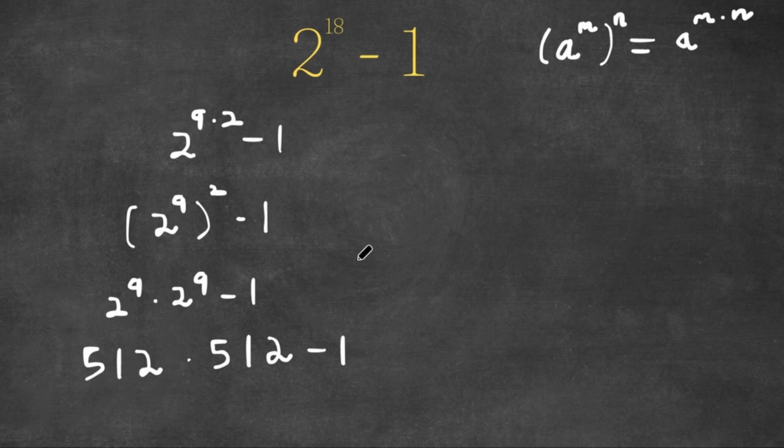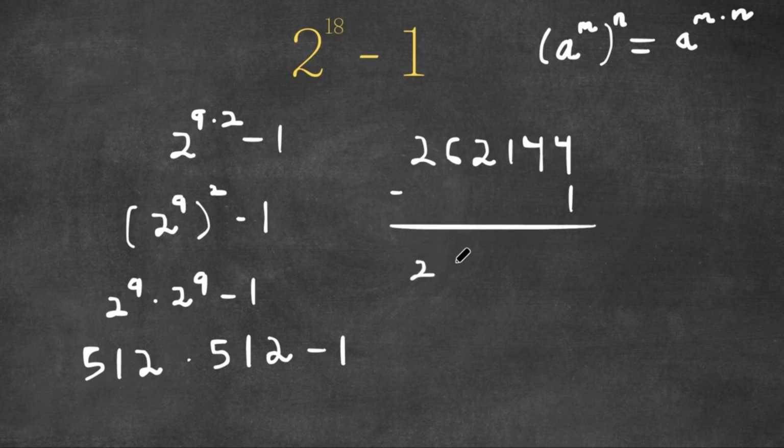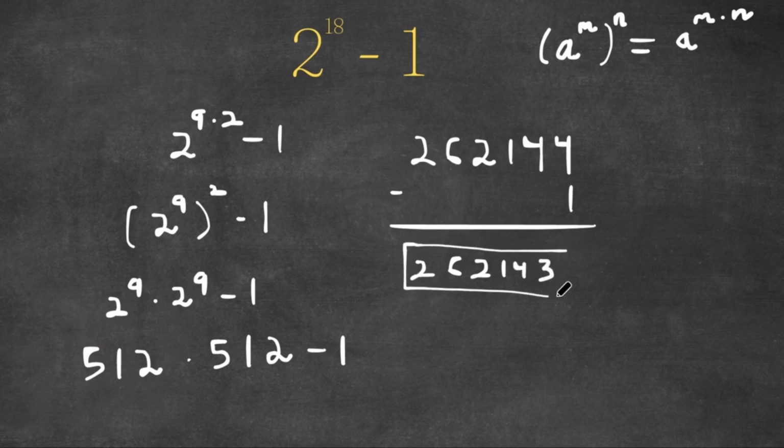Now 512 times 512 is equal to 262,144. And now for our minus 1, we simply subtract 1. So now this would be 262,143. So this is our answer.